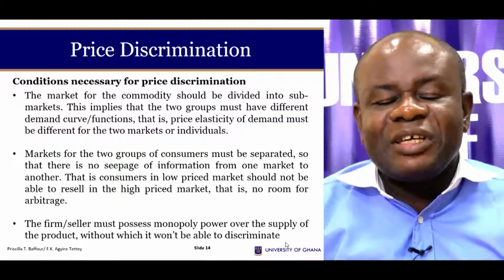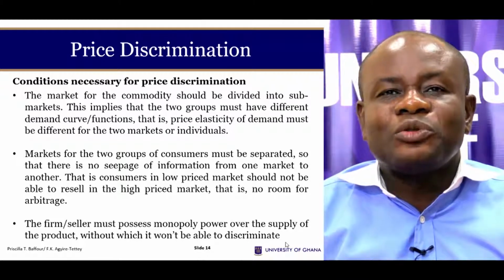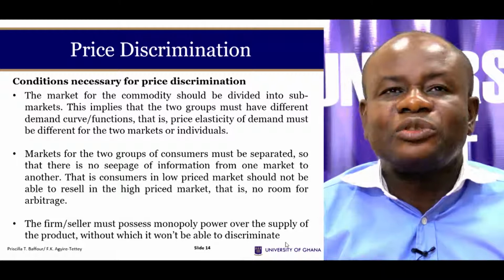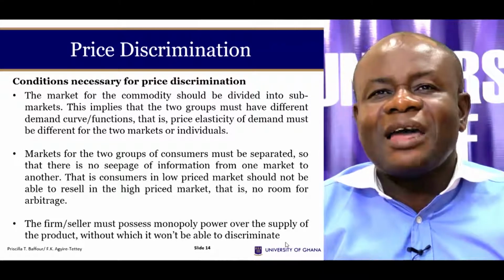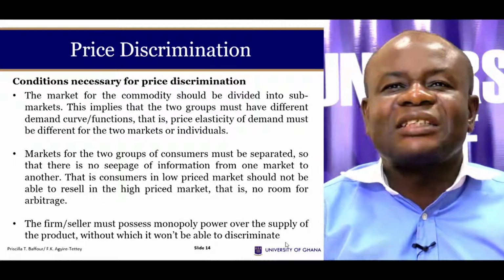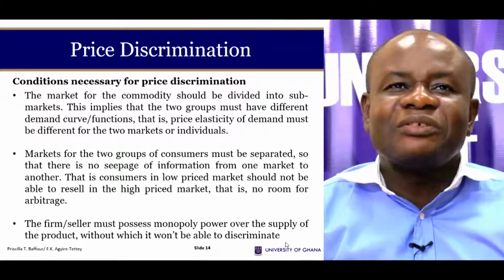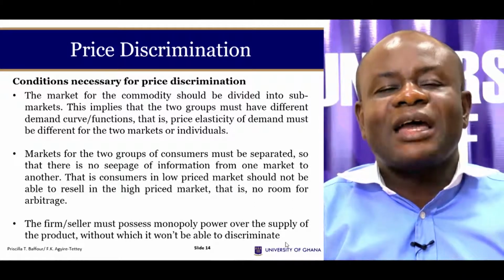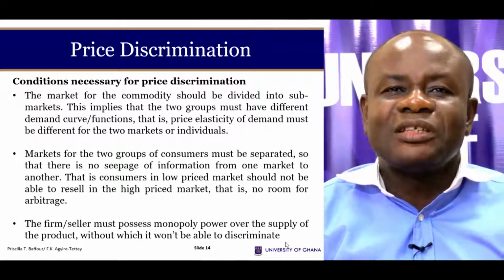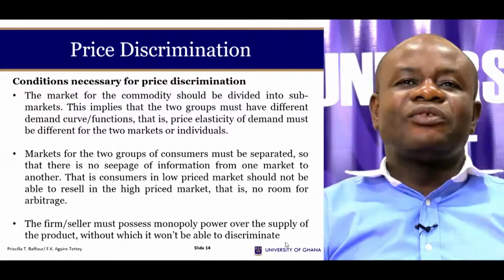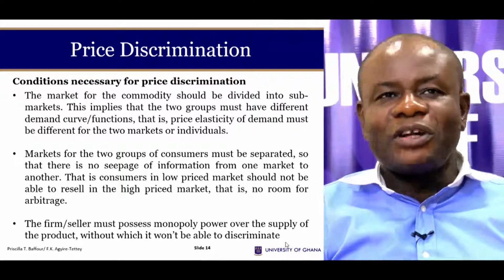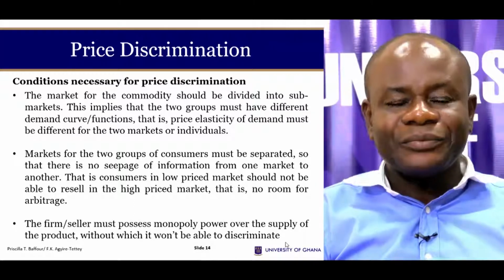And being able to divide the market into 2 parts will mean that each of the markets must have different elasticities of demand. If the price elasticity of demand happens to be the same in the 2 markets, then the firm cannot discriminate. So the price elasticity of demand must be different in the 2 markets, or for the 2 individuals.